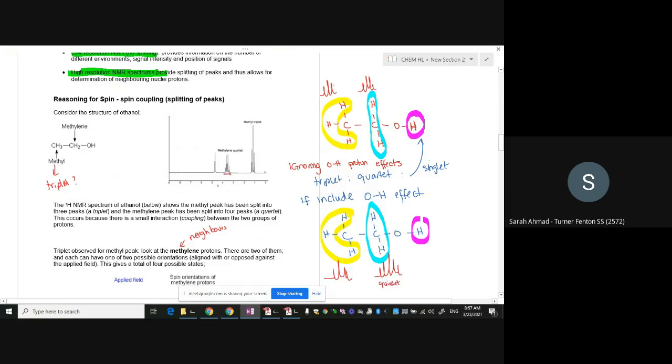Take a look. Okay? And then this proton will get split by these because it's 1, 2, 3 away. There's 2 hydrogens that will split this, right? And so we're expecting a triplet. And you'll notice that it's very sort of squished together. And this is the problem with the splitting of things next to highly electronegative atoms.